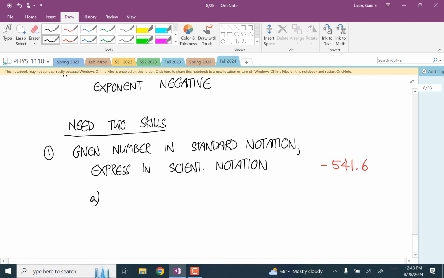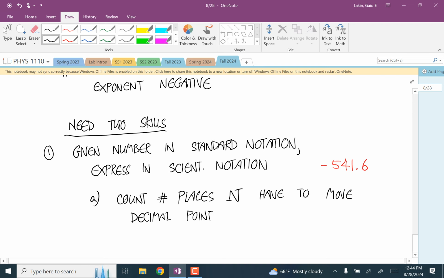Okay, so the first step, A, is count the number of places, and that number is going to be called capital N, that you have to move the decimal point left or right so that you get one leading digit, one non-zero digit before the decimal point.